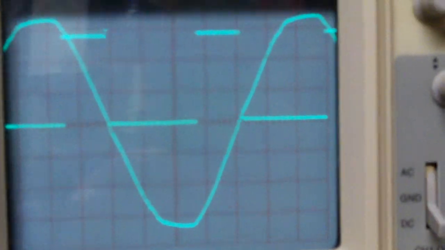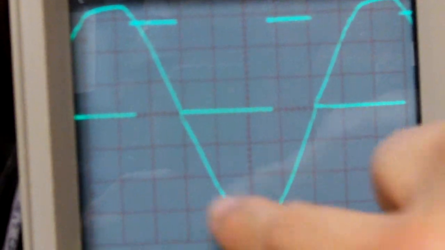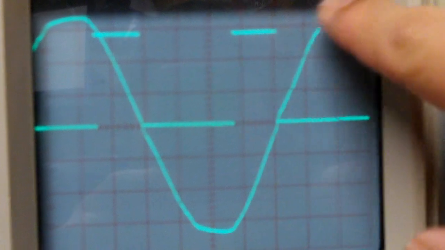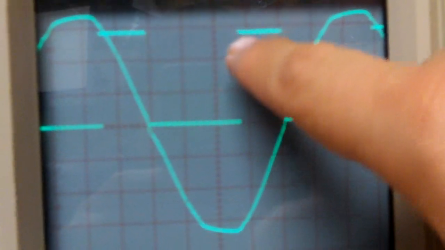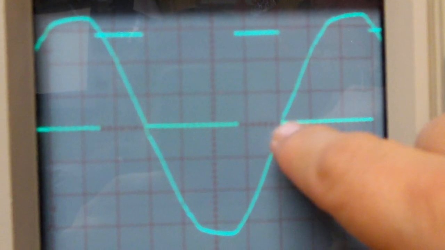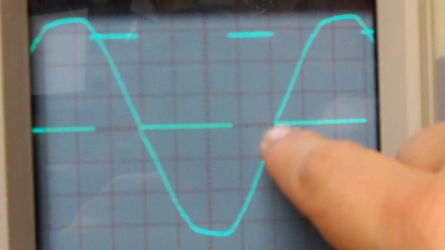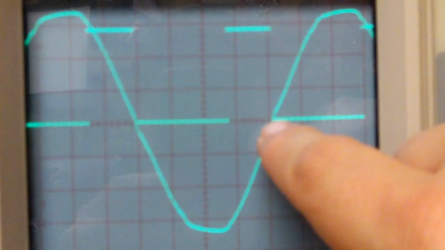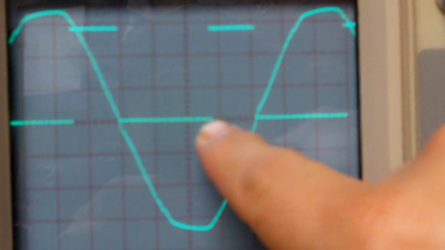And up here on my scope, you can see here's our AC waveform, and here's where the triac's being turned on. It's about, I'd say 3/4 of the way, or maybe 2/3 of the way through the waveform, with it being turned off through this period.